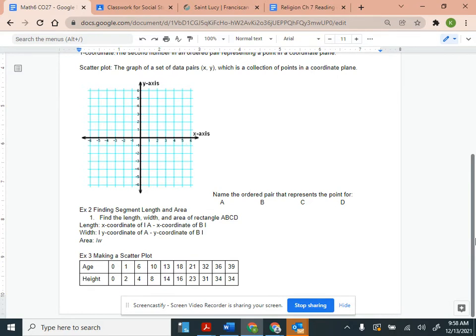Splendid. All right, so in order to find the segment lengths and area, I'm going to plot some new points for us. So A is here. B is here.